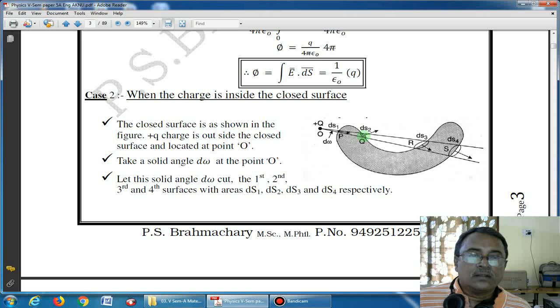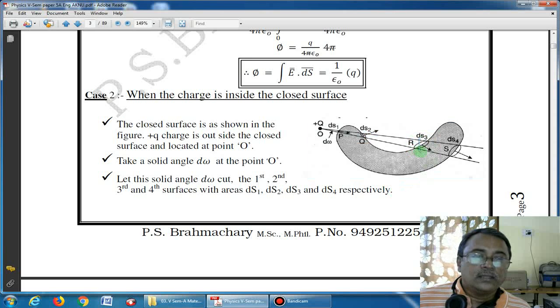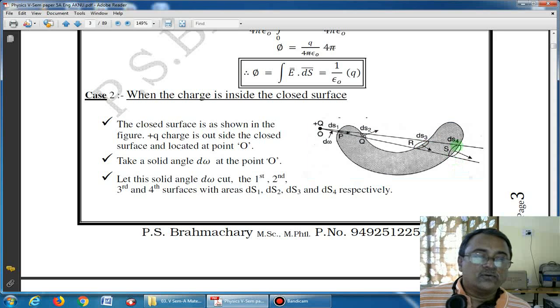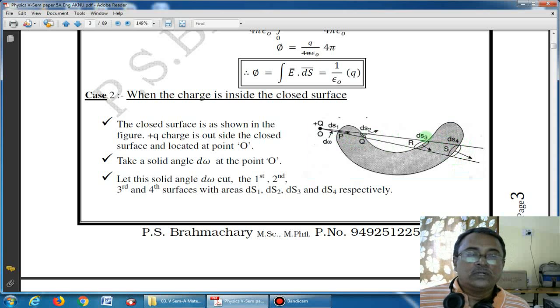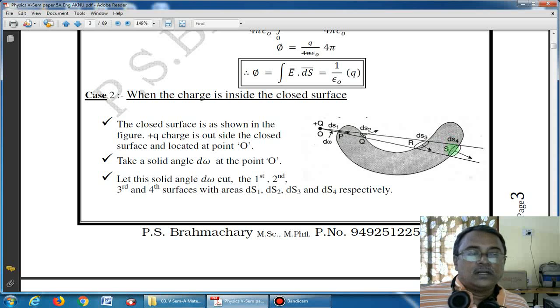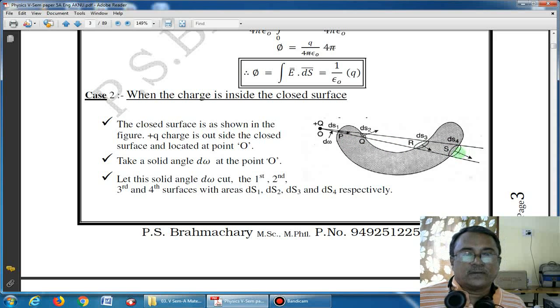or that aerial vector is taken on the second surface, the aerial vector is equal to ds2, and when it is taken on the third surface, it is ds3, and when it is taken on the fourth surface, it is ds4. So, ds1, ds2, ds3, ds4, all these are the small areas taken on the first, second, third and fourth surfaces.